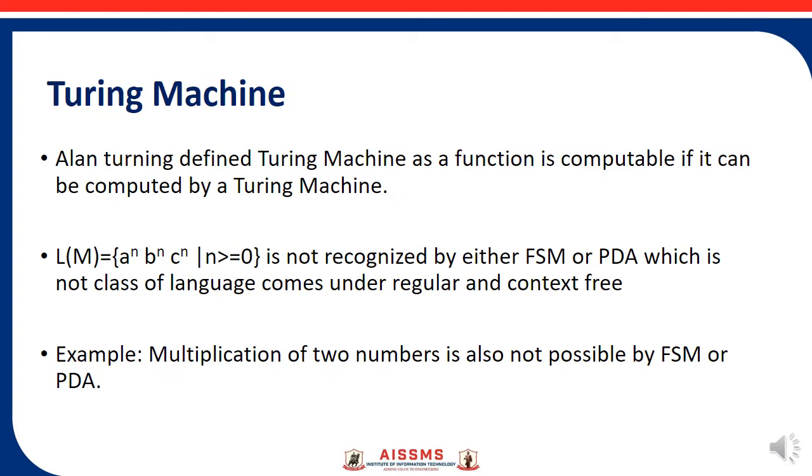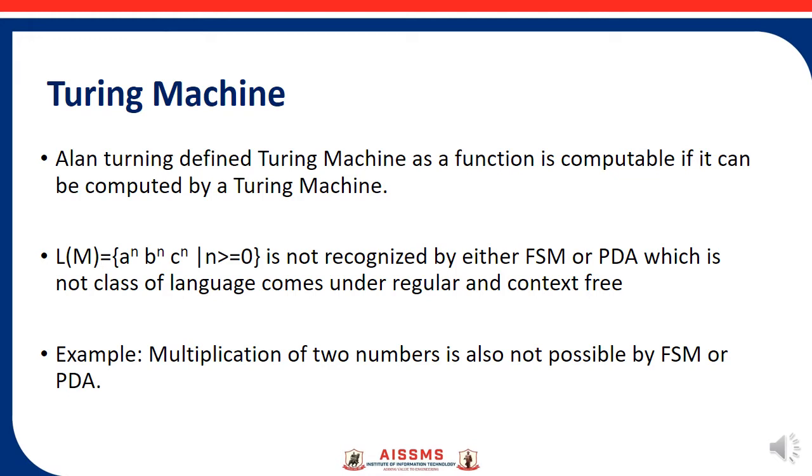So the Turing machine, as we said, was developed by Alan Turing. He defined a function as computable if it can be computed by a Turing machine. As you can see here, the language M = a^n b^n c^n, where n is greater than or equal to 0, is not recognized either by finite state automata or by push down automata.